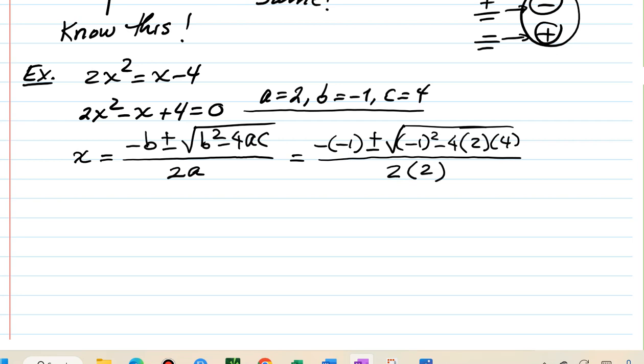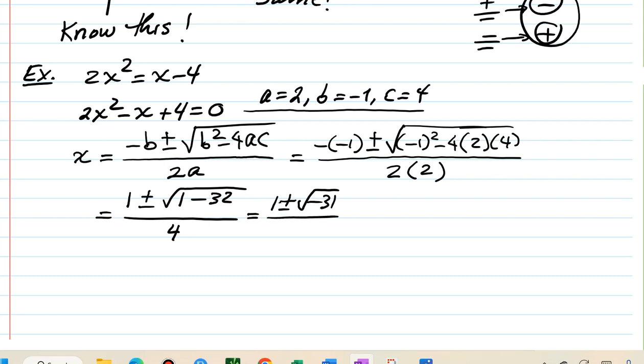You see, there are no steps to show. It's just a matter of plugging in for a, b, c. And if we do it correctly, then we just have to be able to do the arithmetic with numbers. Negative negative 1 in the numerator, that's 1, plus or minus. The radicand is going to be negative 1 squared minus 4 times 2 times 4, which is 32. Negative 31. Divide by 2 times 2 is 4. So that's 1 plus or minus square root of negative 31, divided by 4.